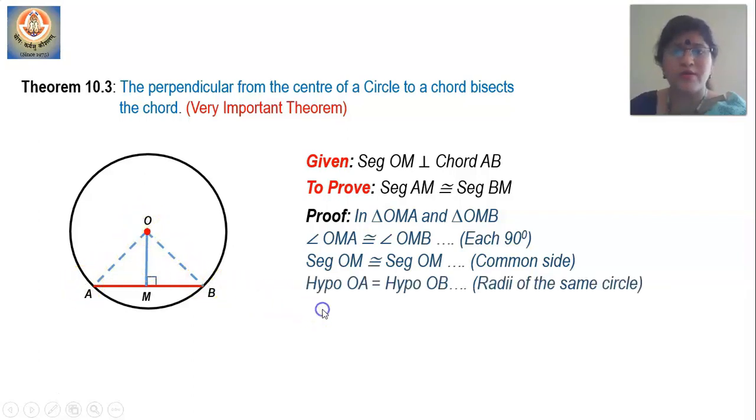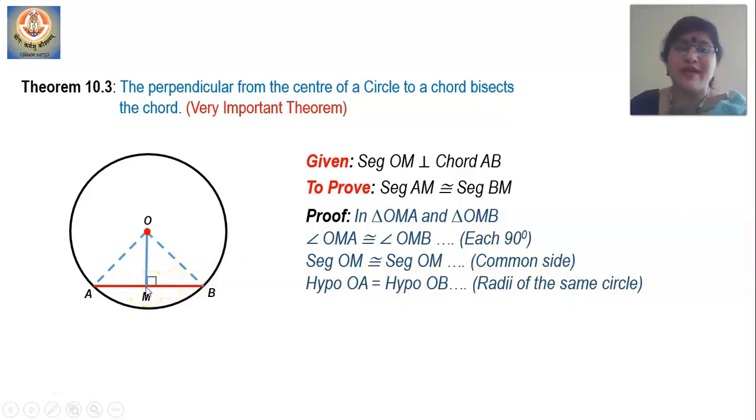Are they also congruent? Hypotenuse OA is congruent to hypotenuse OB. Why is it that I have used the word hypotenuse? Because these two triangles are right angle triangles, and you know that the side opposite to the right angle is the hypotenuse. So hypotenuse OA is congruent to hypotenuse OB, because they are the radii of the same circle.